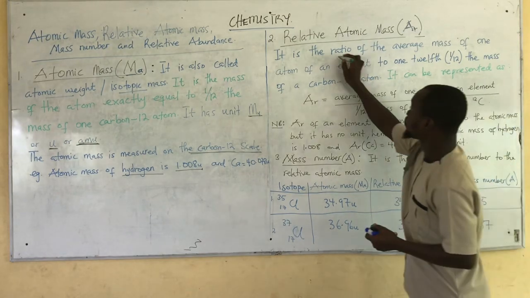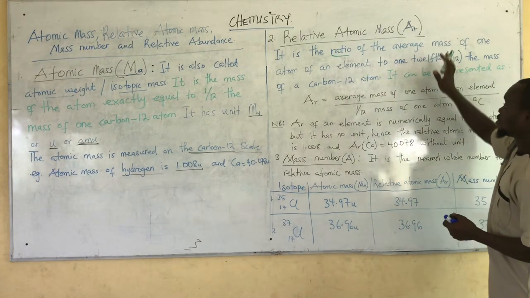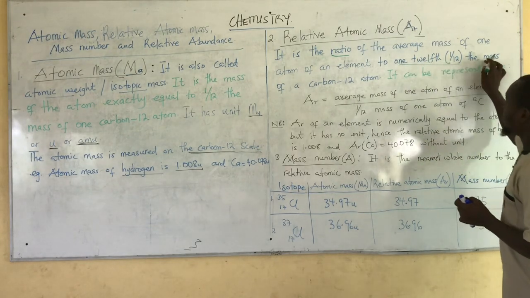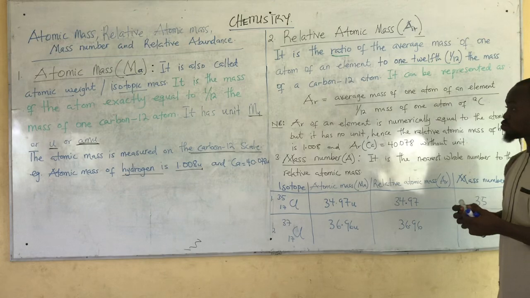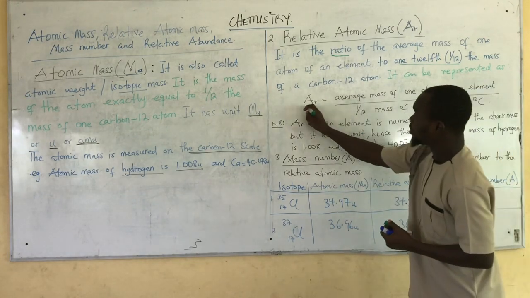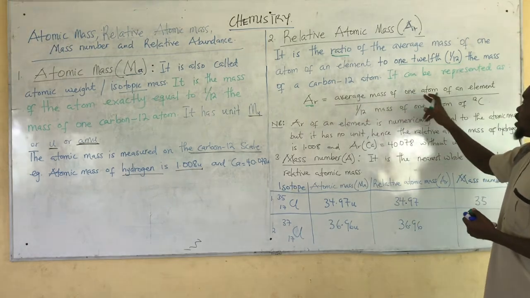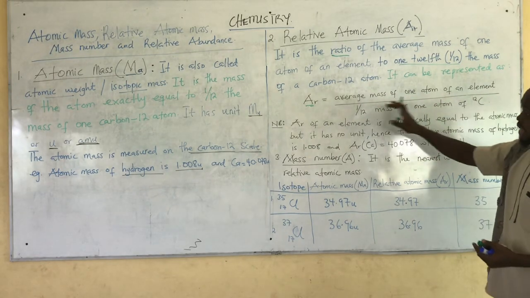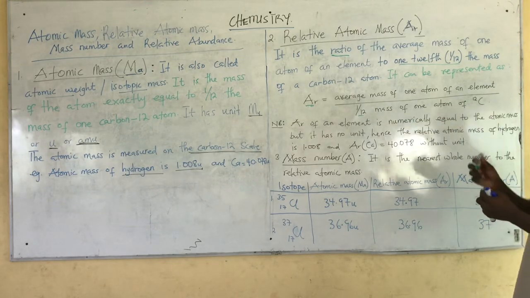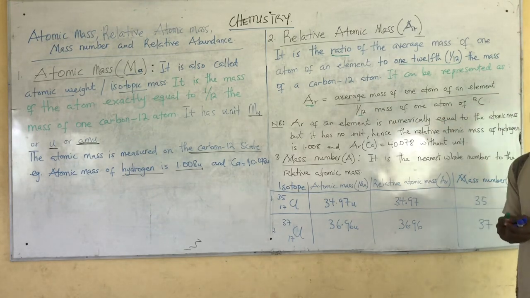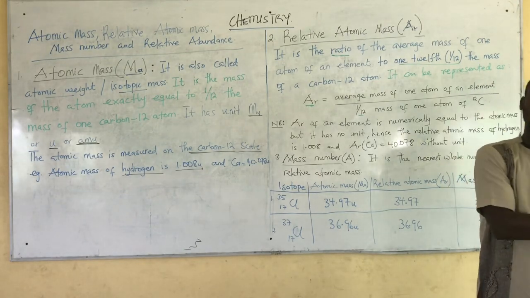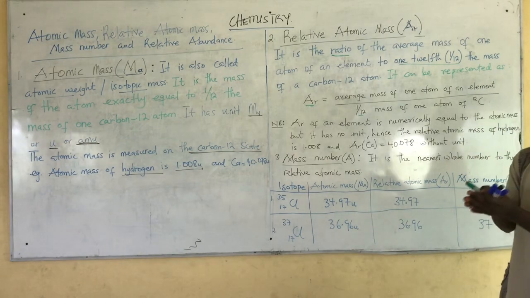It can also be represented as AR is equal to the average mass of one atom of an element compared to 1/12 the mass of one atom of carbon-12. So in relative atomic mass, we are comparing the average mass of one atom of an element to 1/12 the mass of one carbon-12 atom.